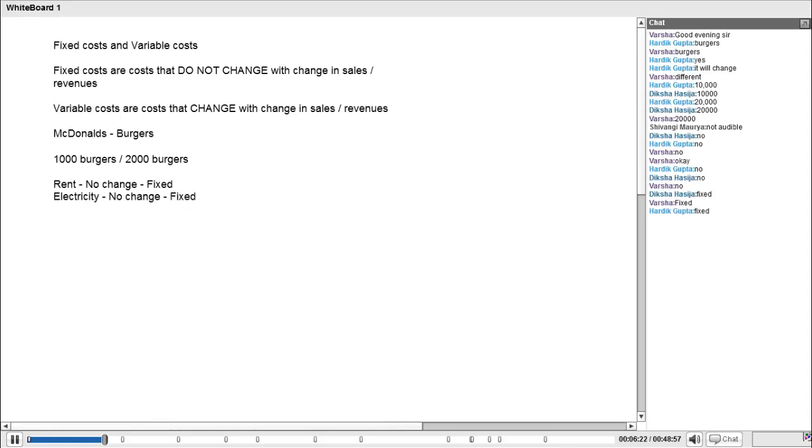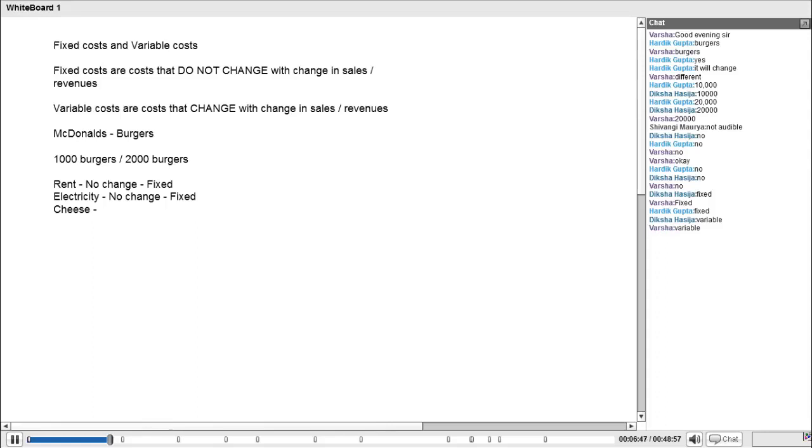Let's take the example of cheese. We know in the burgers, McDonald's puts a cheese slice. So would the cost of the cheese slices be a fixed or a variable cost?